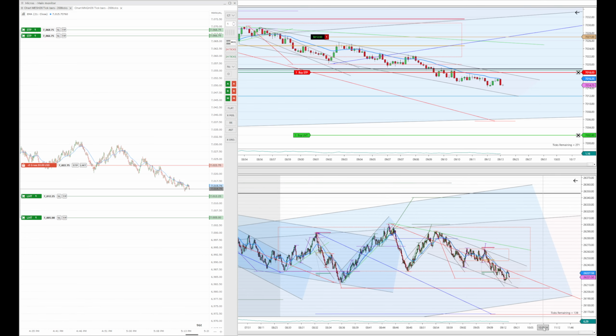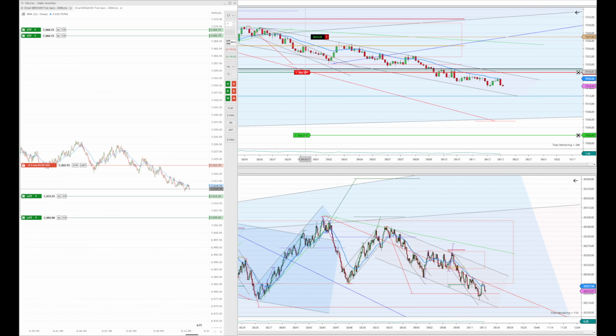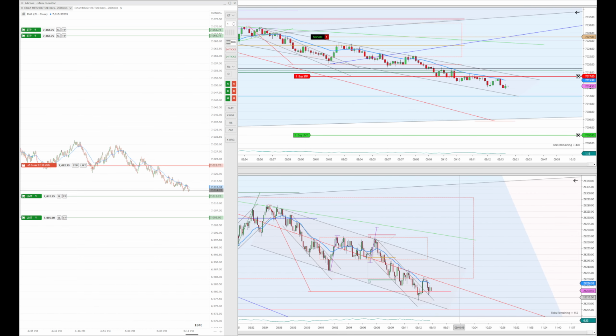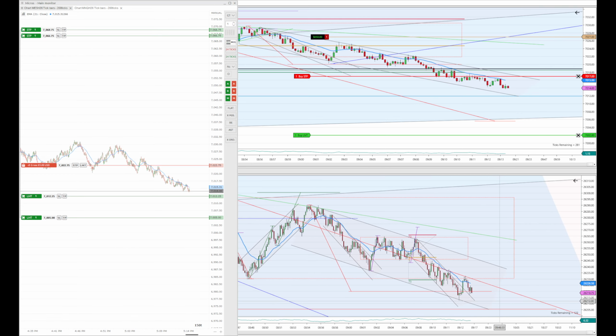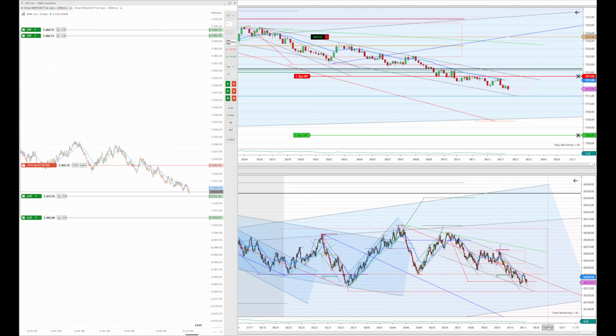Alright. That's a nice push lower. Alright, it's pushing through this previous measure move.